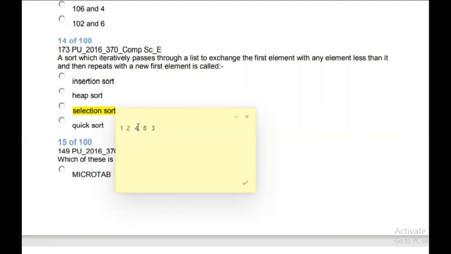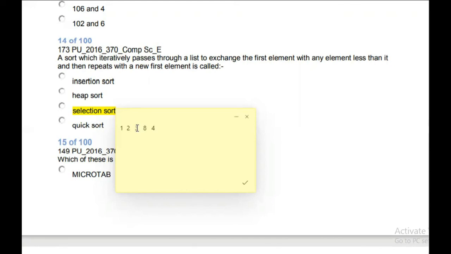The 4 would be selected. 4 is compared to 3, 8. 4 is smaller, no change. 4 is compared to 3. So 3 is smaller. So swap the values. And the third iteration is completed.